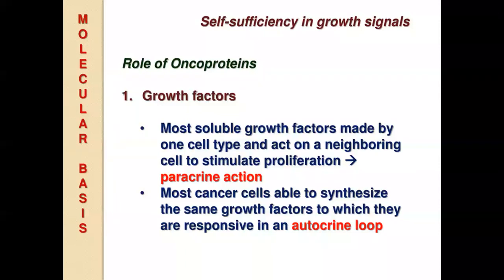Most cancer cells are able to synthesize the same growth factor to which they are responsive, in an autocrine loop. लेकिन जो mutated और cancer cell होते हैं, they can synthesize growth factor and respond to it. In this way, the cancer cell acquires growth self-sufficiency. Examples of such growth factors are platelet-derived growth factor and transforming growth factor.